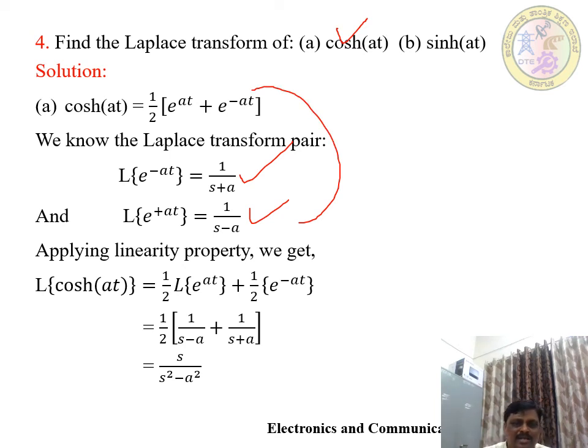That is, LT of the cos hyperbolic function is equal to 1 by 2 LT of e to the power of at plus 1 by 2 LT of e to the power of minus at. You can substitute and simplify. We get LT of cos hyperbolic of at is equal to s by s square minus a square. This can also be used as another LT pair.